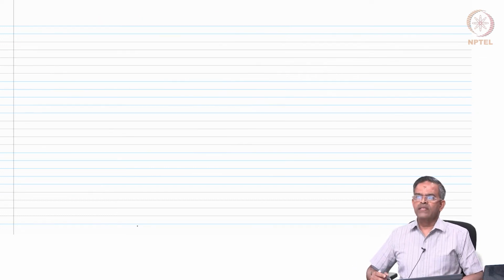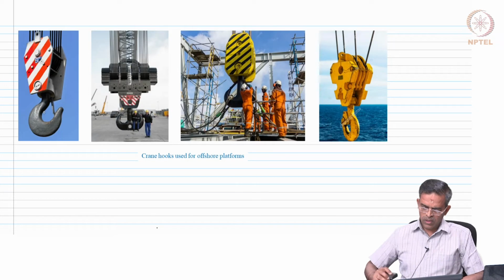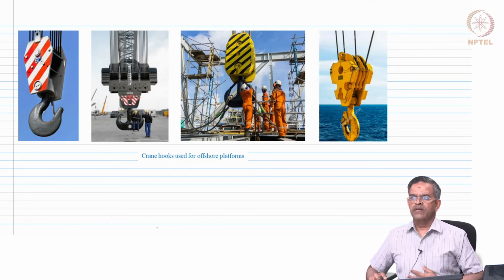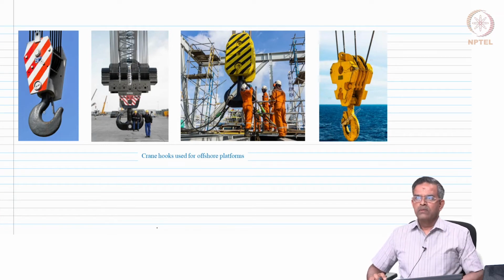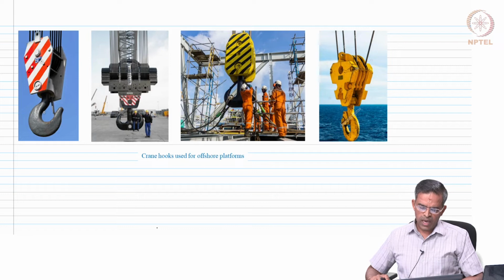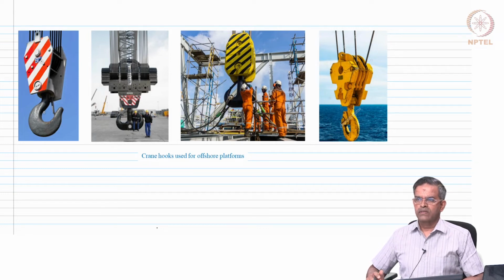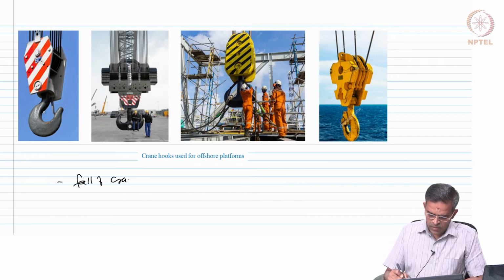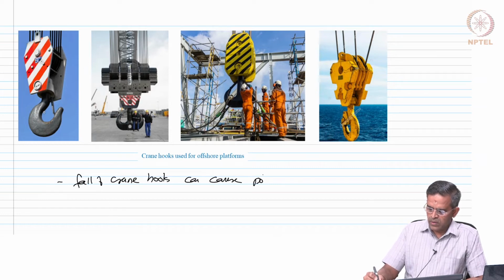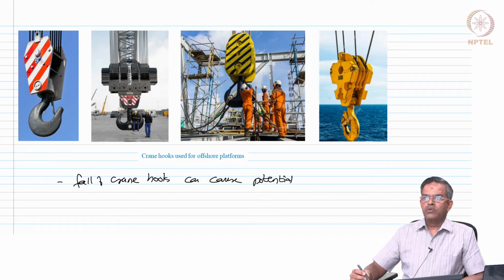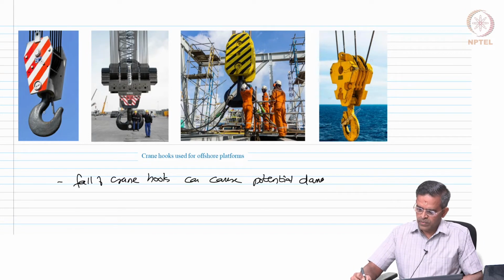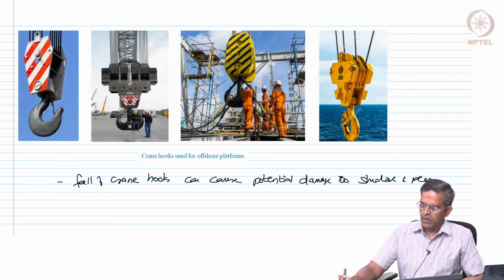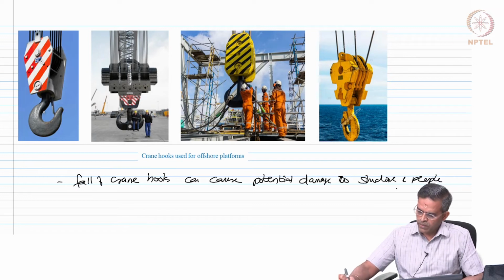Now, the varieties of cranes being used in offshore structures are shown on the screen. So, the fall of crane hooks of this heavy mass and other objects is frequent, and fall of crane hooks can cause potential damage to structure and people on board.